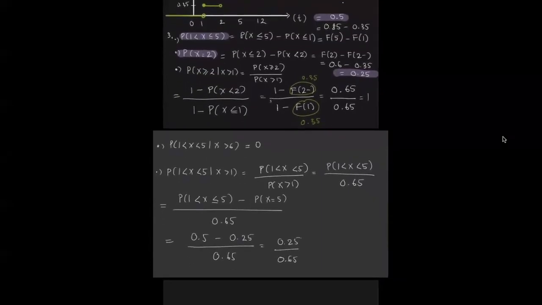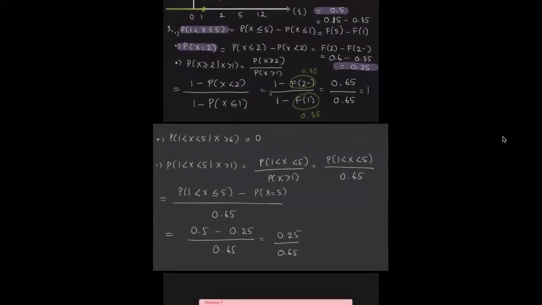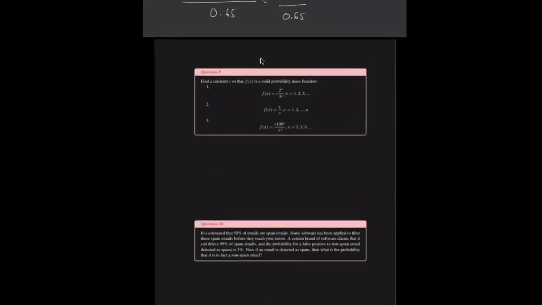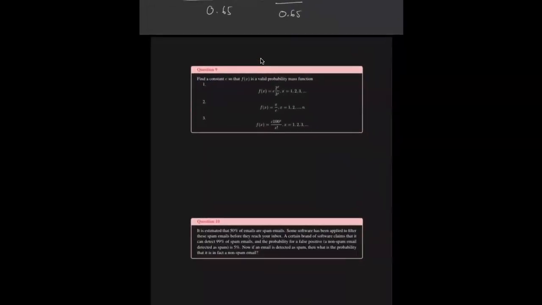Any question about that? Let me know if anything doesn't make sense. I will let you work on question 9, maybe 3 or 4 minutes.